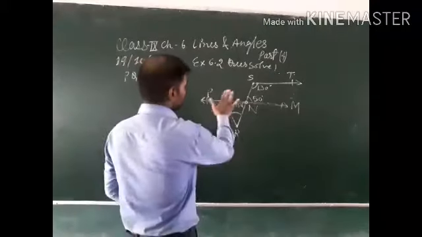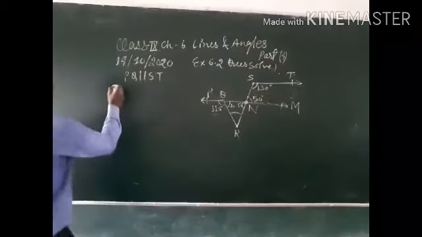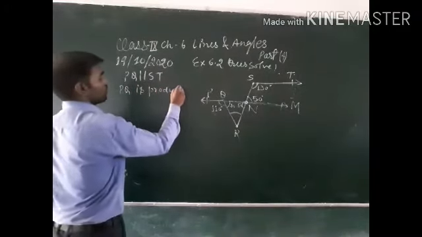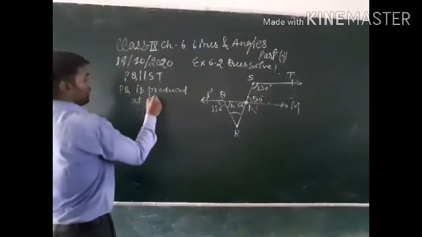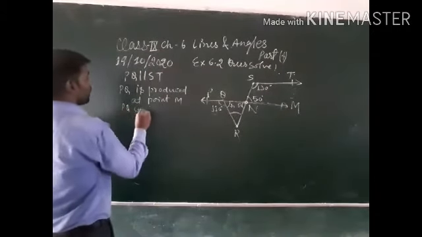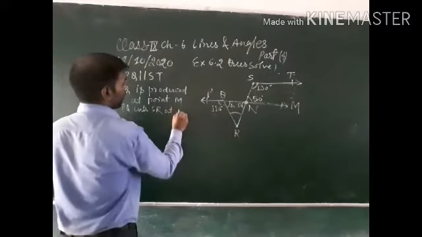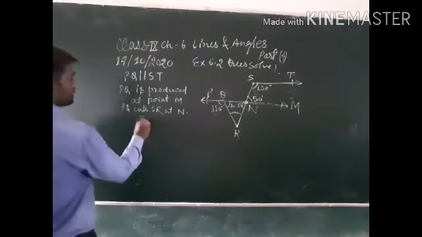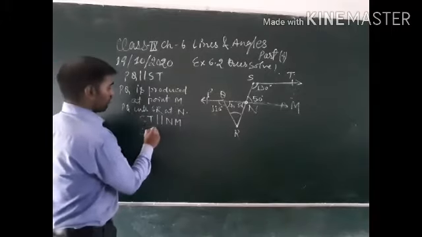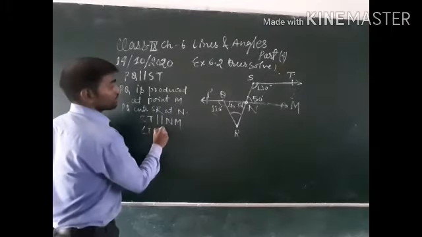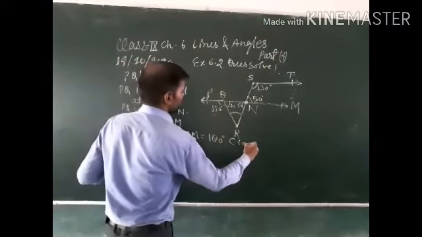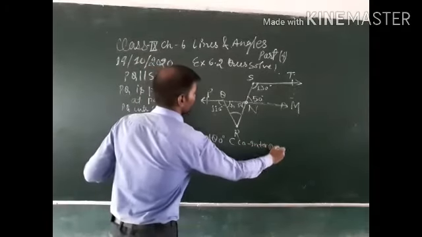So first of all, PQ is produced to point M, and PQ cuts SR at point N. Now ST is parallel to NM, so the value of angle TSN plus angle SNM is equal to 180 by co-interior angles.